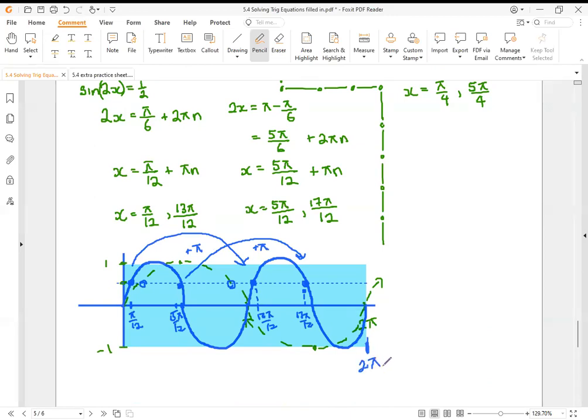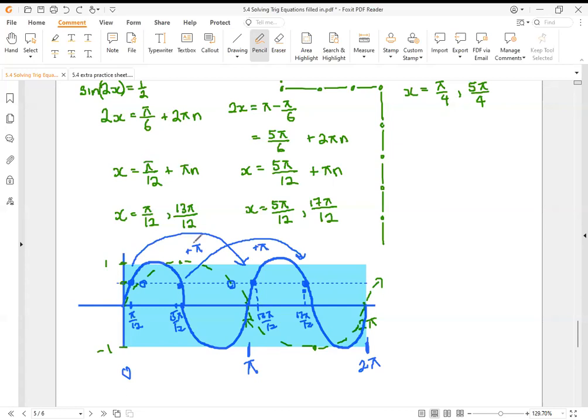It's one rotation. But since I know that it's going to be smushed, I'm going to have 2 complete cycles within 2 pi. So I have to find my answer from 0 to pi, and then find another set of answers from pi to 2 pi. And so I put that in seeing that about to happen.